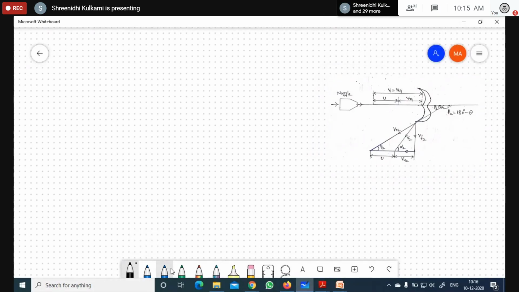But before going to this velocity triangle, first I will draw the inlet and outlet velocity triangle. So that is the general form. Here I'm going to write the general form.